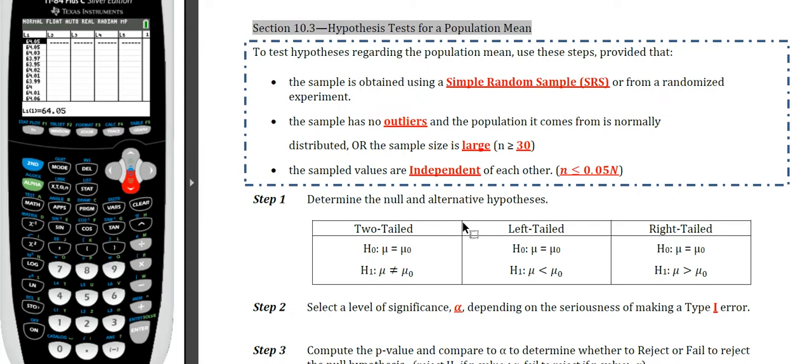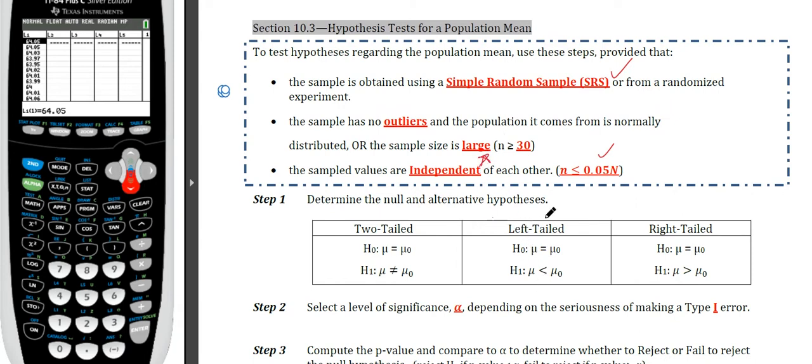In this section, we're going to move on from population proportions and talk about how to set up hypothesis tests for population means instead. Doing so isn't going to change too much, but there's a few things of note. For example, when we're talking about our conditions, we still need to look for simple random samples. We still want to check to see if the sample size is less than 5% of the population, which is our independence criterion.